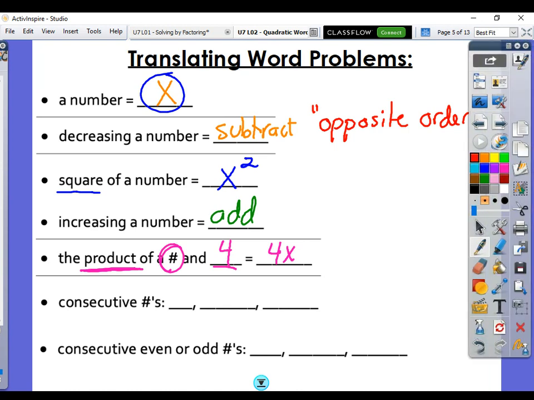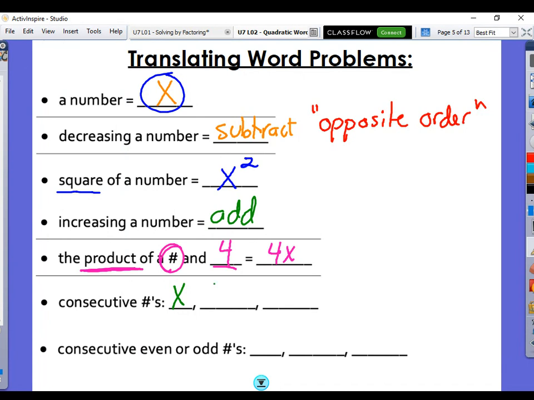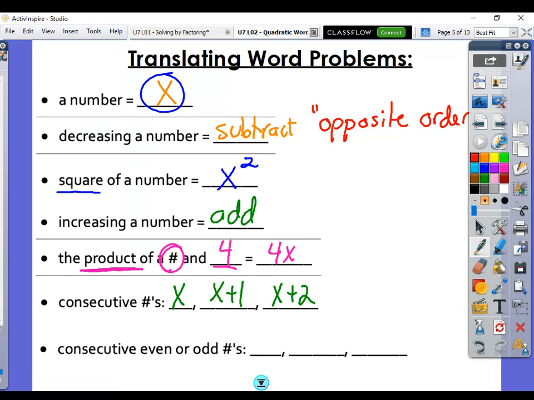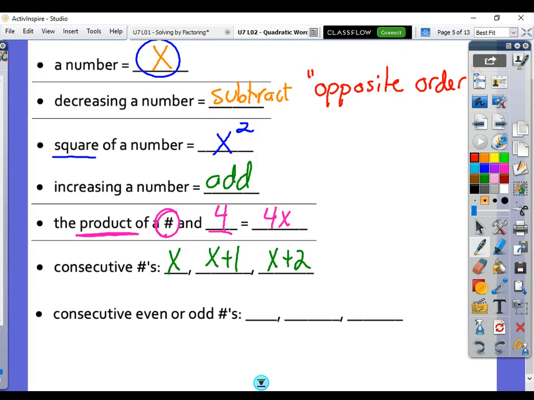We've talked about this way back in Unit 1 when it came to our regular consecutive numbers. But remember, our consecutive integers or consecutive numbers are x, x plus 1, x plus 2, and it would go on forever, but we pretty much just get to those first 3. The difference, though, when it comes to consecutive even versus odd, remember this.